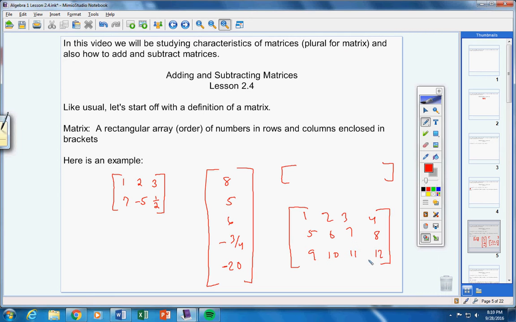So a matrix is any rectangular array of numbers in rows and columns enclosed in brackets. They're just brackets with numbers on the inside. Do understand they're in order. They're lined up in columns and rows. So those are examples of matrices.